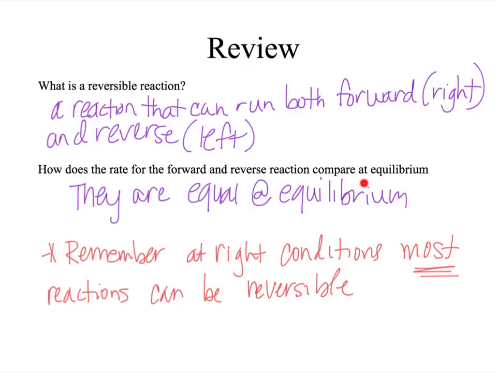We talked about that just a few minutes ago, and they are equal at equilibrium, meaning the forward and the reverse reaction are happening not only at the same time, but at the same rate. I want y'all to remember that under the right conditions, most reactions can be reversible. So the vast majority of reactions are reversible.